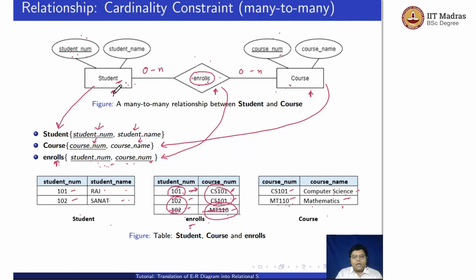Suppose I want to say Raj is not enrolled for any course, so I can just delete this tuple because I'm having only one tuple belonging to 101. So if 101 is not there in the student number column over here, that means this particular entity does not participate in the relation. That means this 101 Raj is not enrolled for any course.